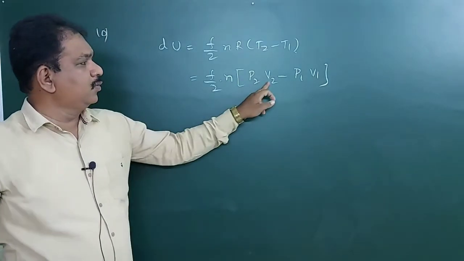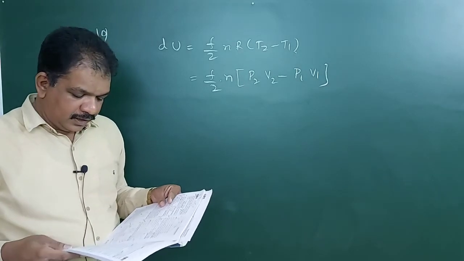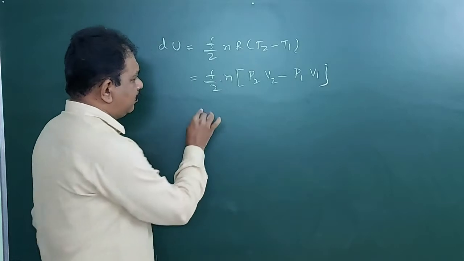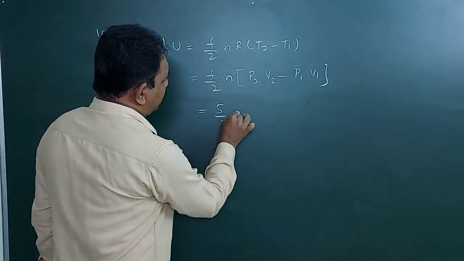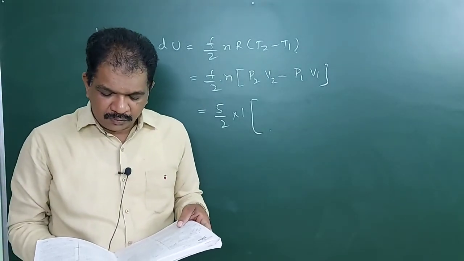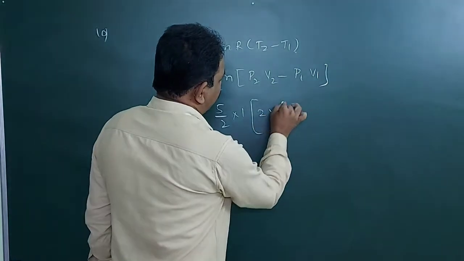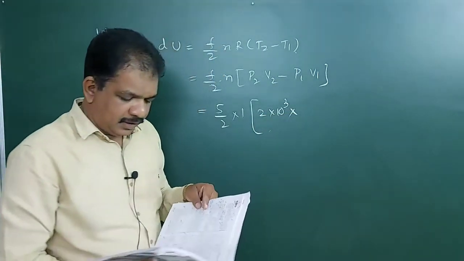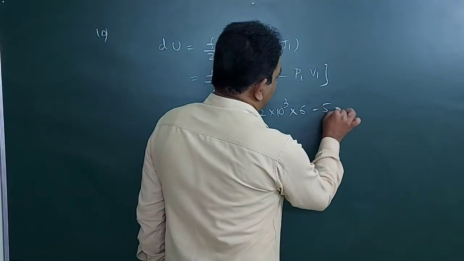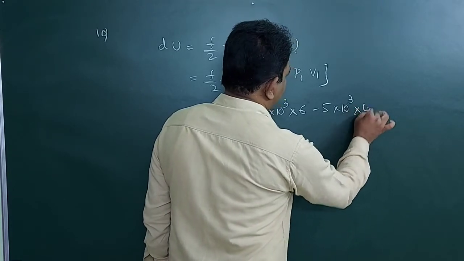So this is P2V2 minus P1V1. Okay. So here degree of freedom for the diatomic gas will be 5. 5 by 2 into 1. P2 value will be 2 into 10 cube kilopascal, and volume value they mentioned as 6 minus 5 into 10 cube into this value 4.